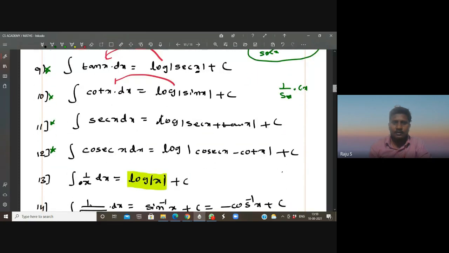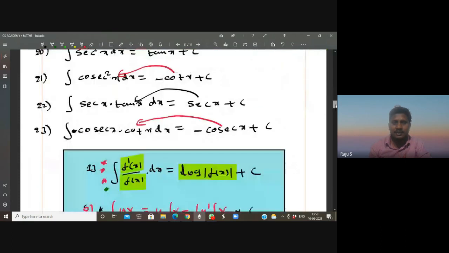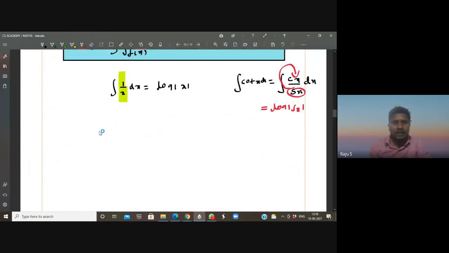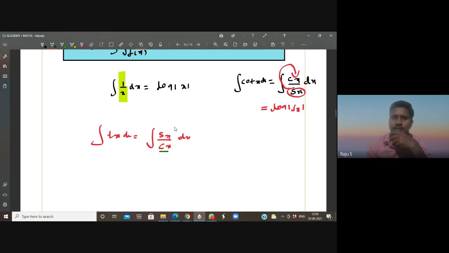But for tan x we are getting secant x. Why? Let's see the reason here. If I take integral tan x dx, tan can be written as sin x by cos x dx. Okay, tell me students, what is the derivative of cos? Is it plus sin x? No, minus sin x. We don't have minus, so take minus and minus here. Minus into minus will again become plus.